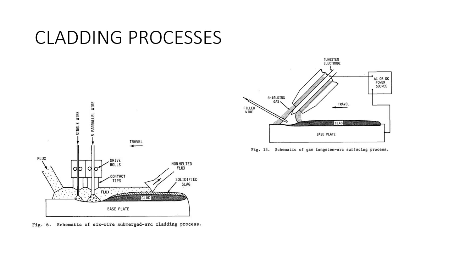If you're going to do it with TIG welding, it's going to take a substantially greater amount of time than it would using submerged arc. And this says it's a 6-wire submerged arc. So you've got 6 wires pumping clad material, the corrosion resistant material, onto the base material.